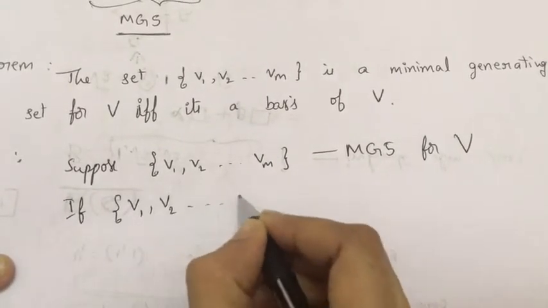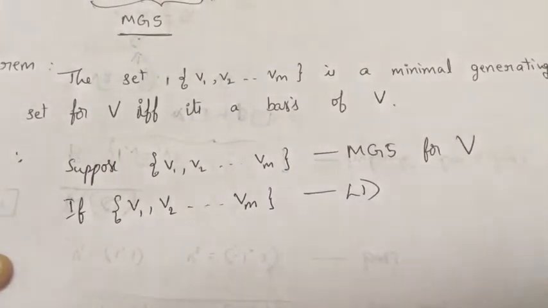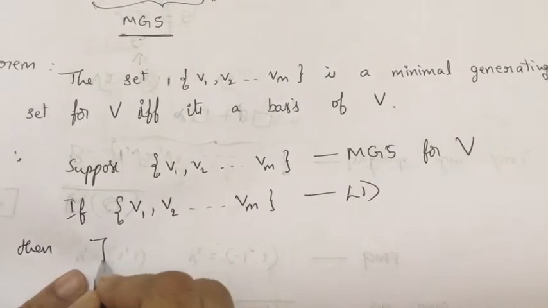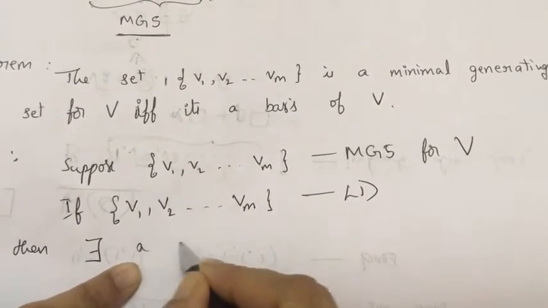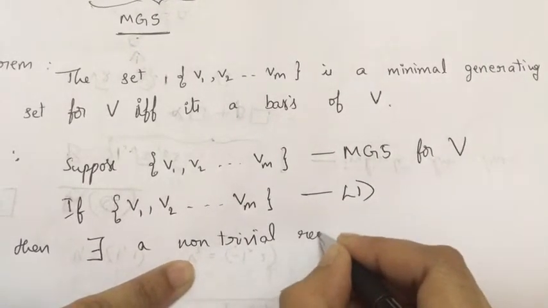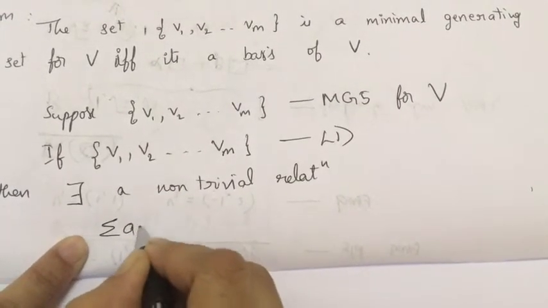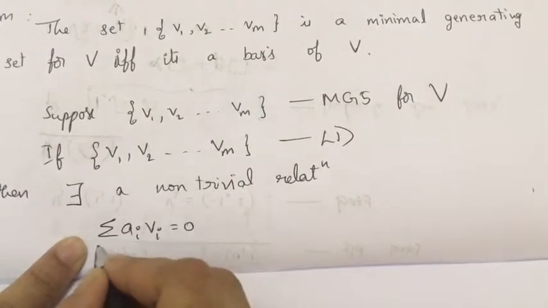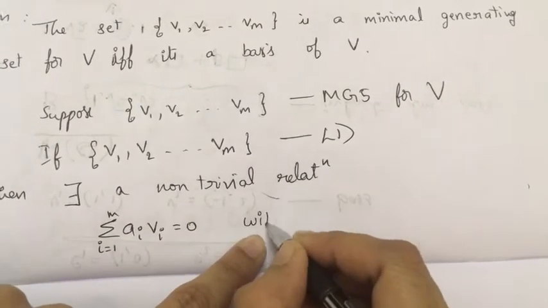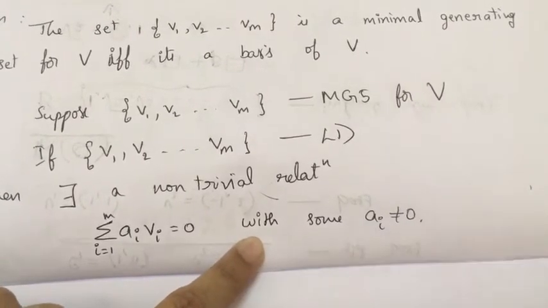Suppose these vectors are linearly dependent. Then by the definition there exists a non-trivial relation between the vectors such that summation ai vi equals 0, where i ranges from 1 to m, with some ai's not equal to 0.